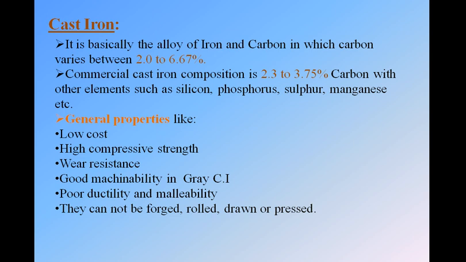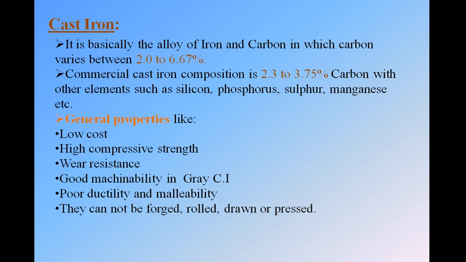When we use it practically, 2% or 2.1% carbon in a cast iron gives a somewhat softer cast iron, and when we think about above 6% carbon, it becomes harder and more brittle, and it cannot be used in practical ways. So the commercial cast iron which can be used practically has a carbon composition from 2.3% to 3.75%, with other elements such as silicon, phosphorus, sulfur, manganese in minute amounts, because cast iron is a ferrous metal, so it has iron as the base.